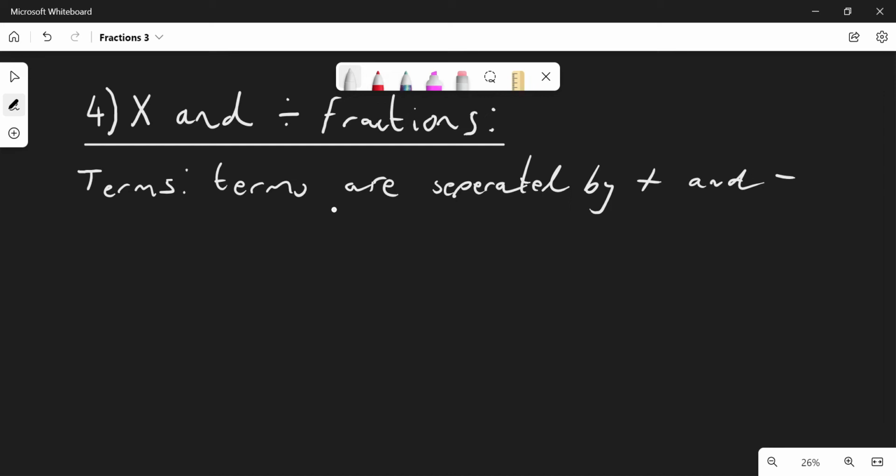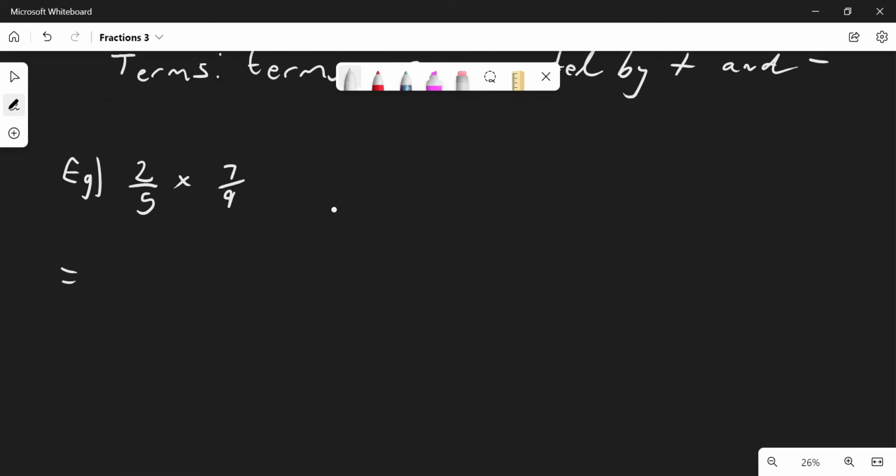Let's say I give you the following fraction. We're going to start with multiply. Let's go with example 1. When we're multiplying fractions, if I give you 2 over 5 times, let's say, 7 over 9, the rule for multiplying fractions is that these denominators do not have to be the same like when we're adding and subtracting.